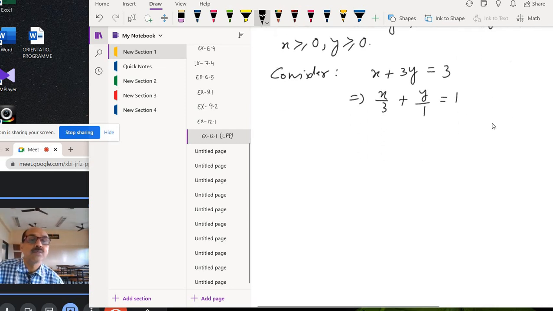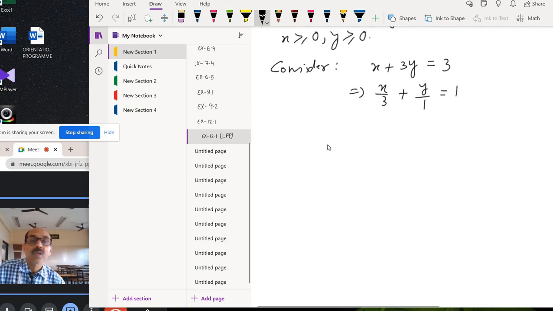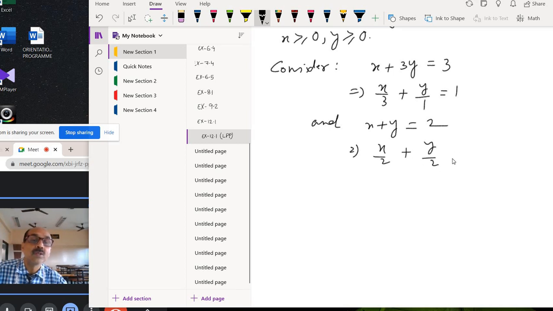And second one, x plus y equal to 2. So this is x by 2 plus y by 2 equal to 1. Okay.